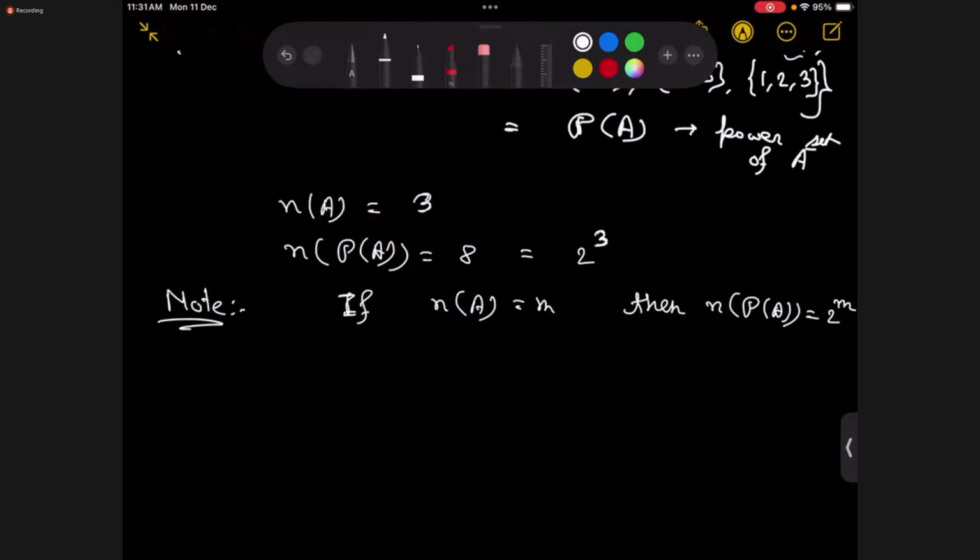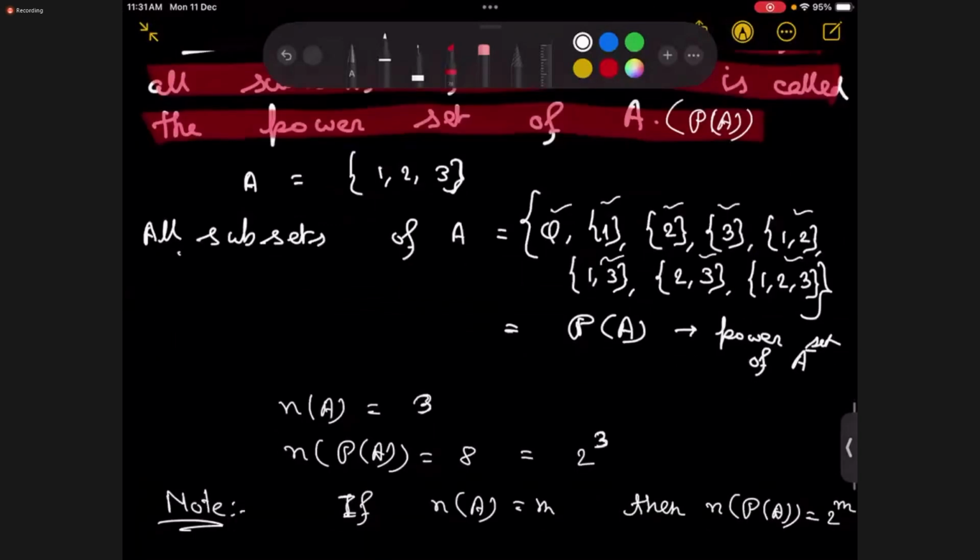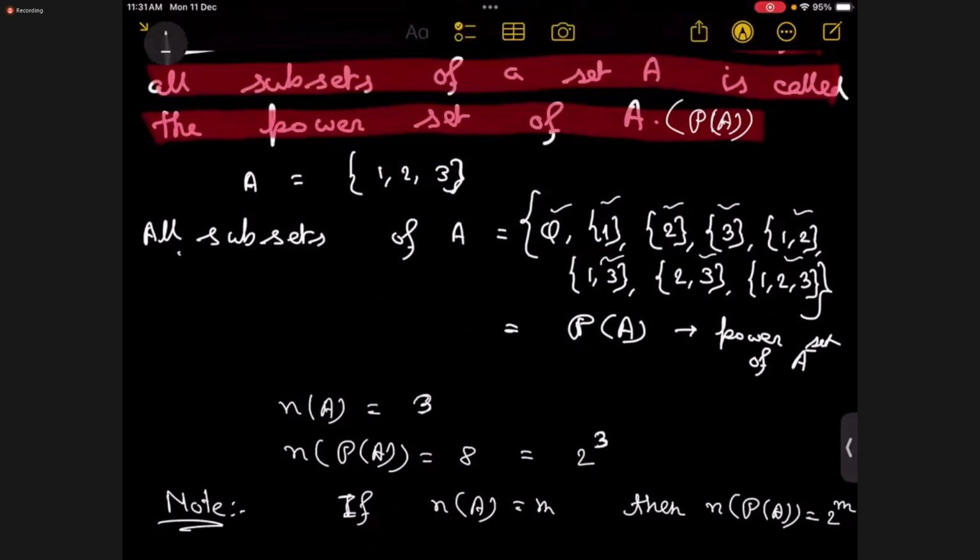So in a similar way we can find the power set of every set. For every given set we can find the power set, but in the case of real numbers, where we don't know all the elements, the power set can be infinite and we can't write all the subsets explicitly.